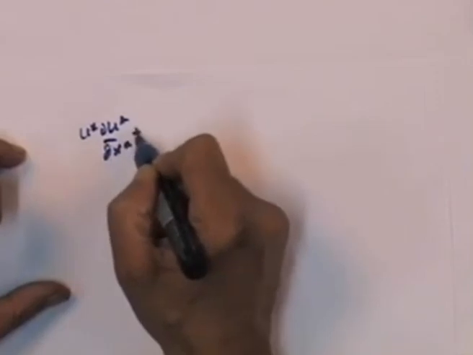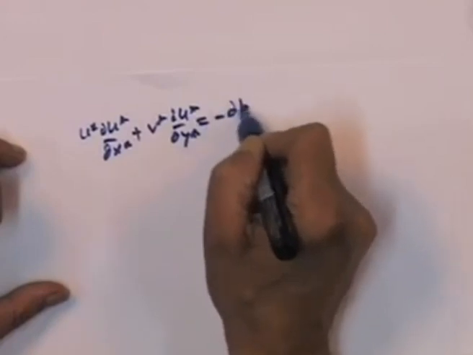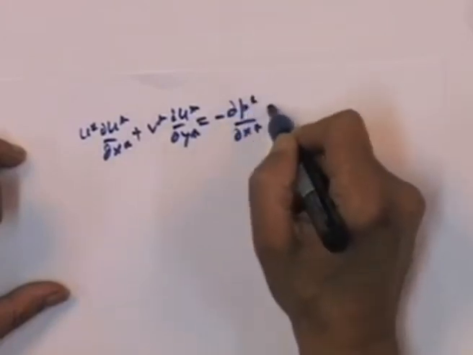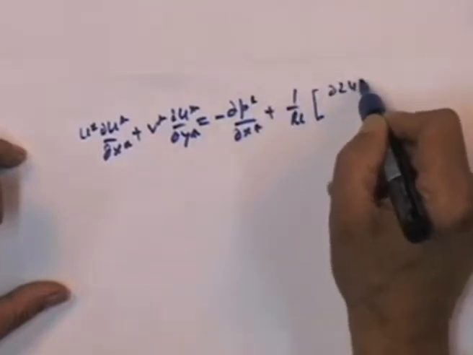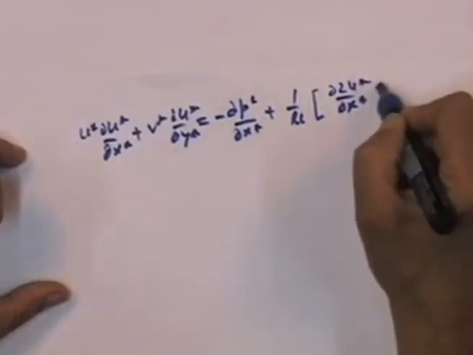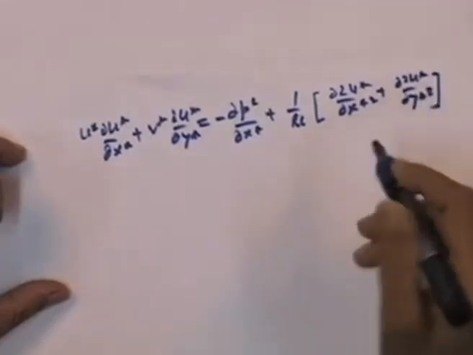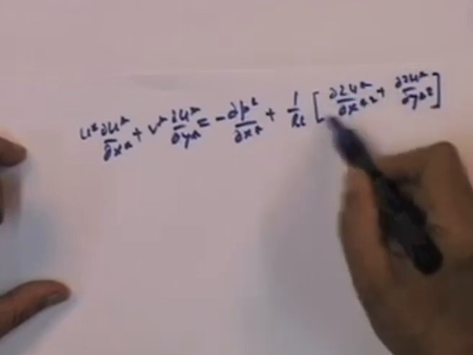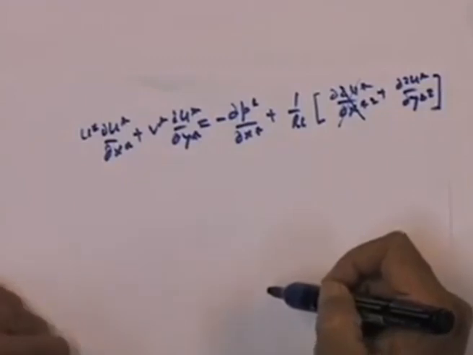In this equation, u star du star by dx star plus v star du star by dy star equal to minus dp star by dx star plus 1 over Reynolds number into d2u star by dx star square plus d2u star by dy star square. And this term is much bigger than this term, and therefore, I will drop that term.